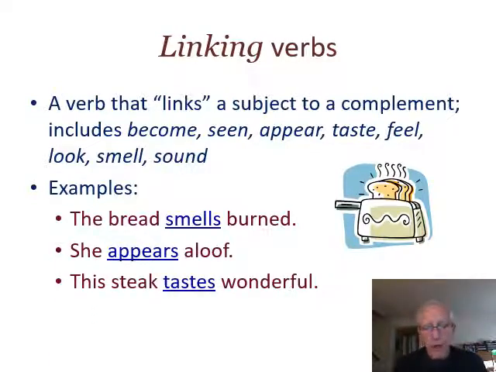If you're out at dinner with your friends and you comment about the steak, you say, oh, this steak tastes wonderful. Oh, that's good. The steak is not doing any tasting. This is not action. The steak is just laying there, ready to be eaten. But you can substitute a more conventional linking verb by saying, this steak is wonderful. It's fine.